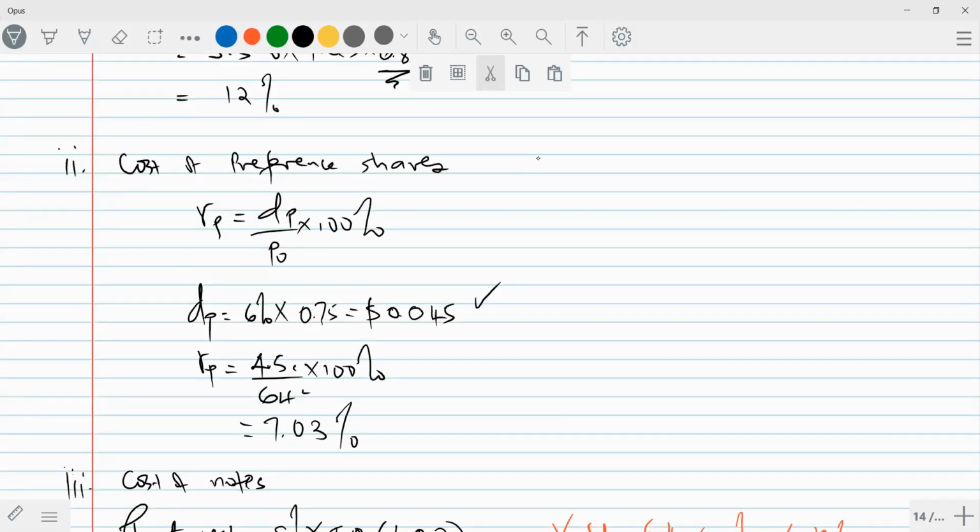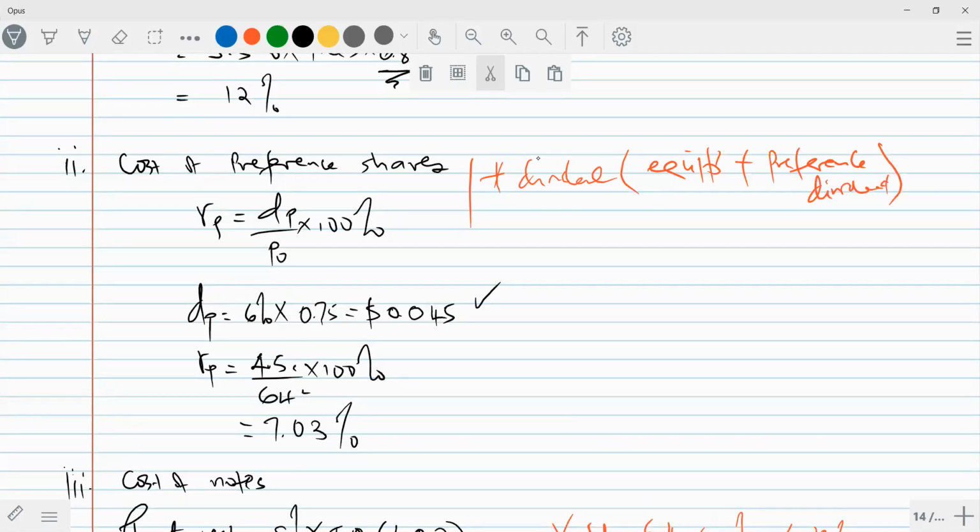Good question. When it comes to preference shares, the dividends, whether for equity shares or for preference shares, we assume are non-taxable.